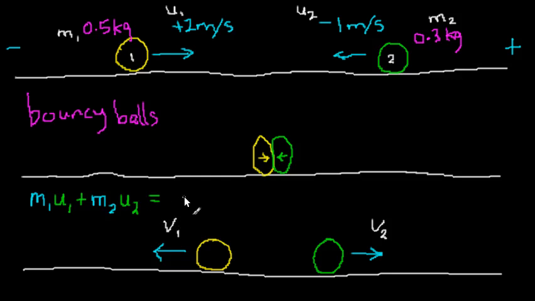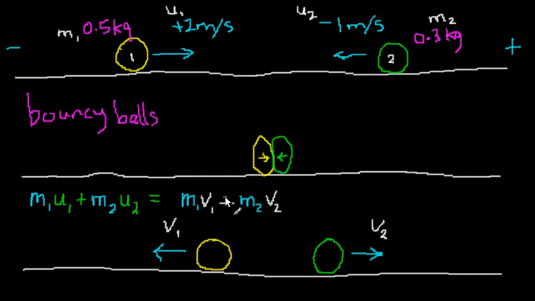Now this equation is saying that the answer must be equal to m1, m2 first, and then I need to write down v1, v2.